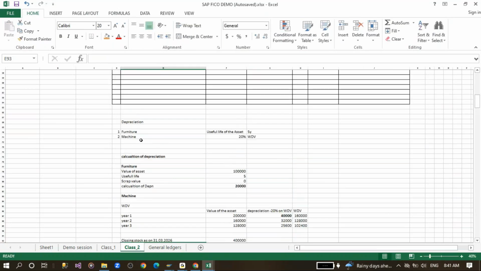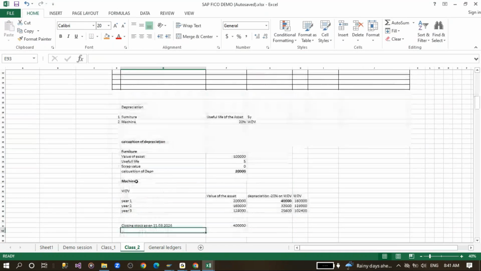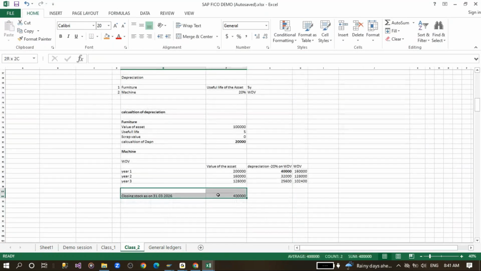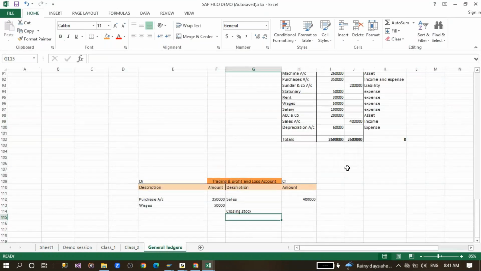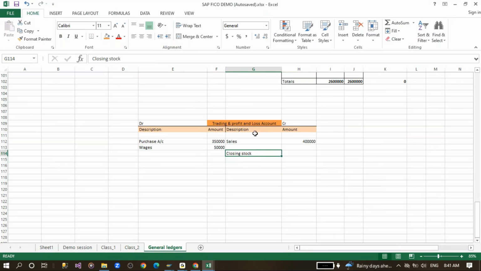These will come under the adjustment entries. As on the date when you are preparing the final financial statements, you found that the closing stock you have has a value of 4 lakhs.